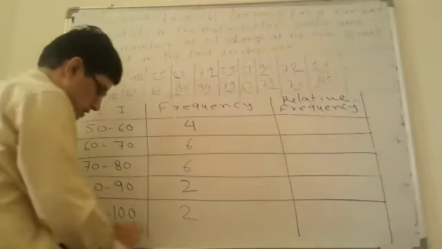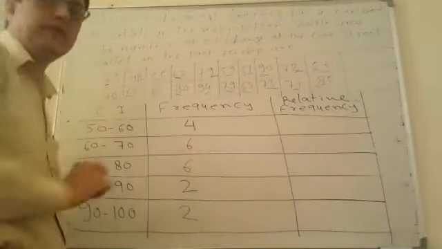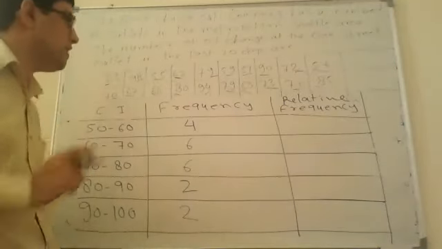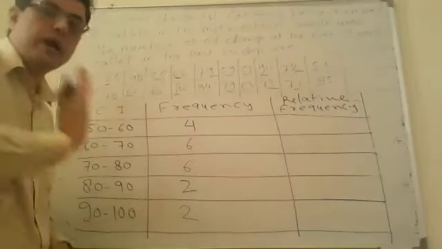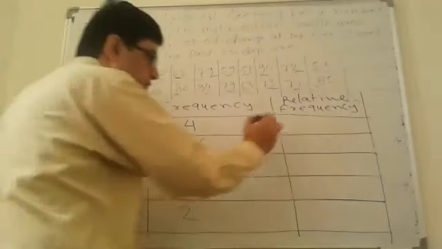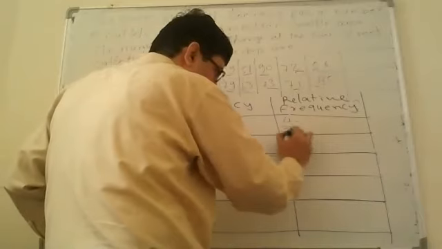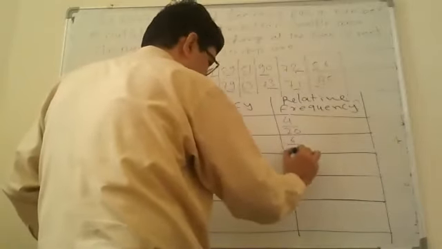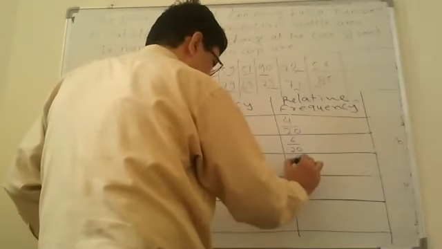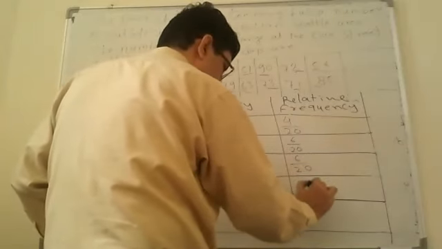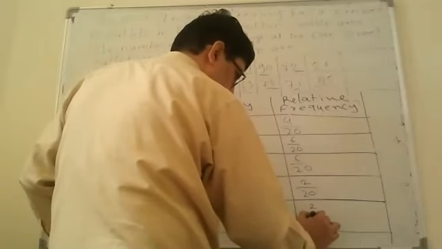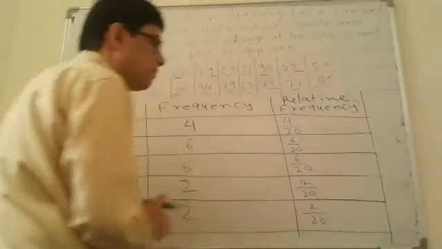So this is the way. Relative frequency: each frequency is divided by the total. So 4 divided by 20, 6 divided by 20, 6 divided by 20, 2 divided by 20, and 2 divided by 20.